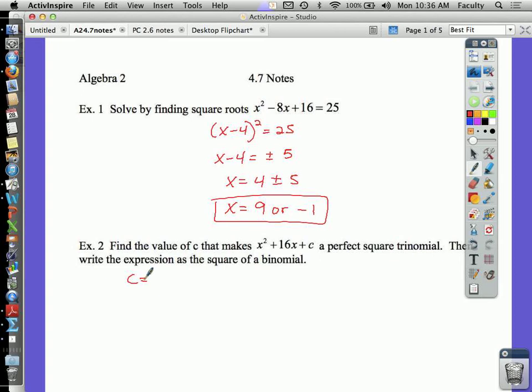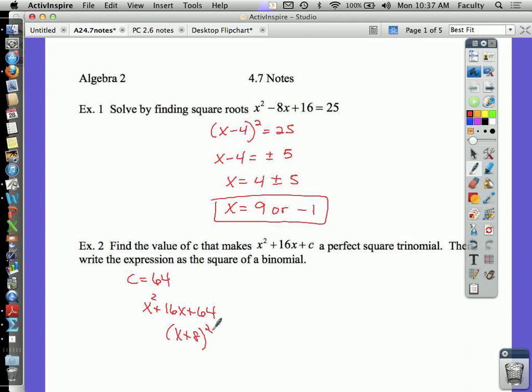Yep. So half of 16 is 8, and then 8 squared would be 64. So we get x squared plus 16x plus 64, and so that's x plus 8, the quantity squared.